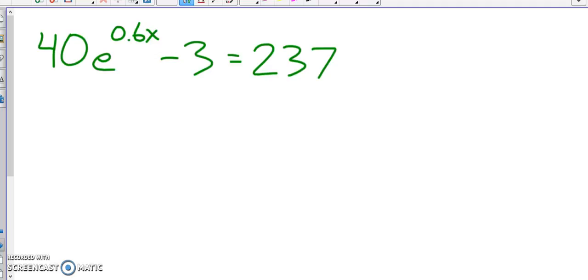So what do you think about this one? That would probably be a good idea, because if you get rid of this 3, then you're trying to get your exponential by itself. And once you get the exponential by itself, you can kill it off with the logarithm. So I can add 3 to both sides.